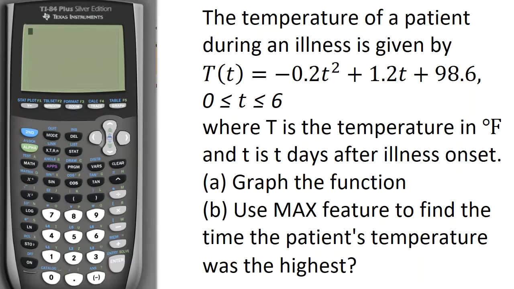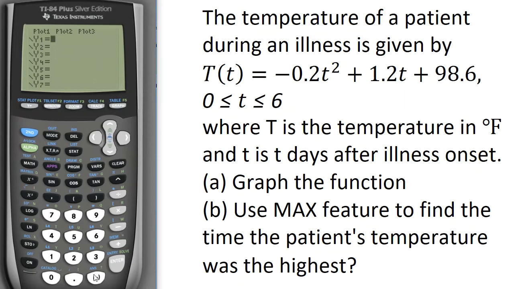So the little t is like the x variable, and the big T is like the y variable. We want to keep this in mind when we use the calculator. To graph this function, we want to go to the y equals, and let's put in our equation. Now we cannot use this negative subtract sign. We must use the negative sign.